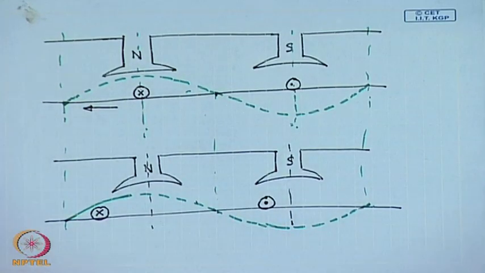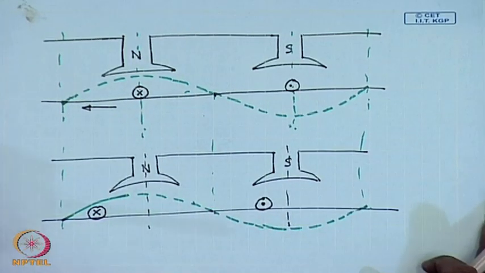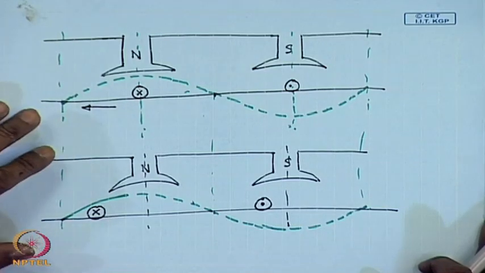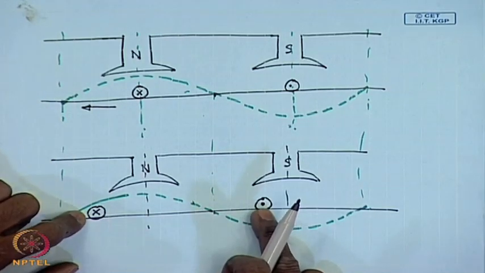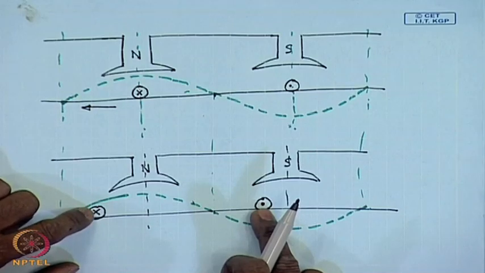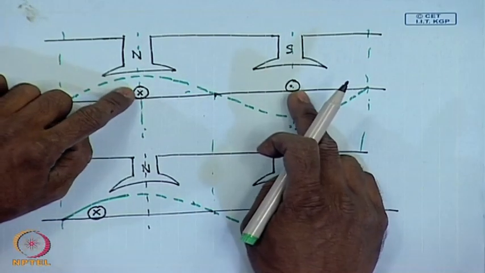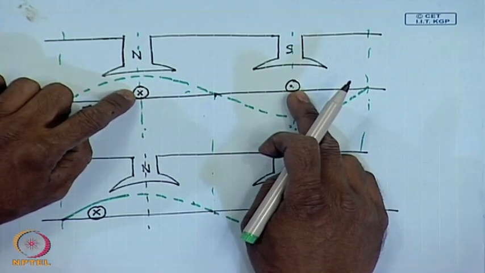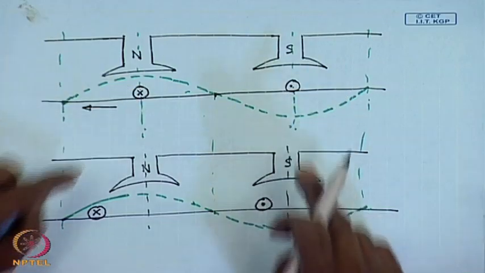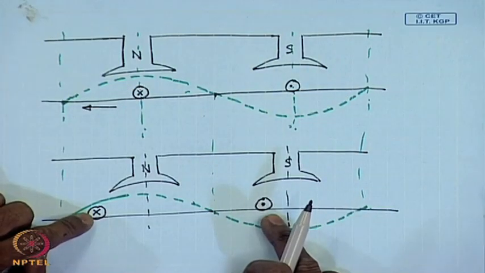Comparing these two diagrams, we can see that there is a change in total flux that passes through the coil, that is there is a change in flux linkage. In the unaligned position, total flux passing through the coil was 0. In this case, what has happened?